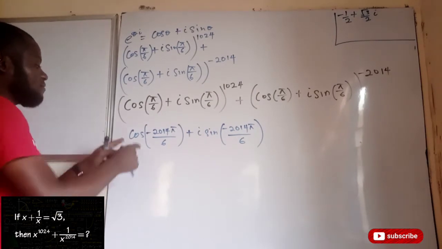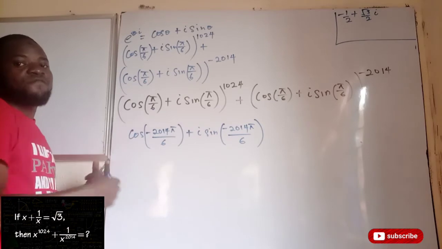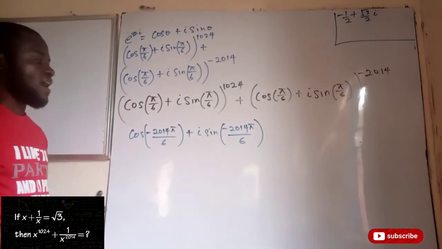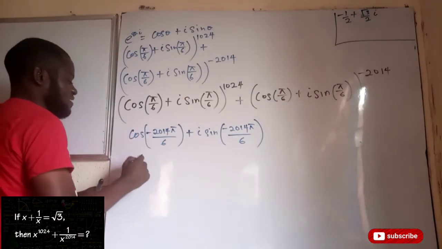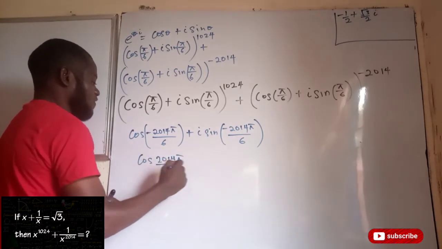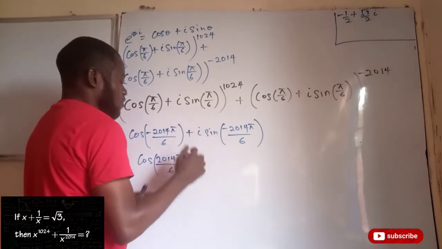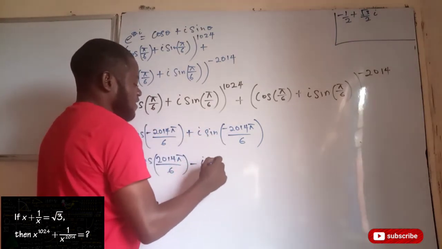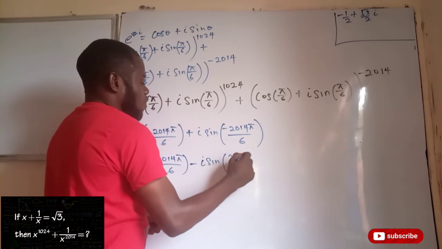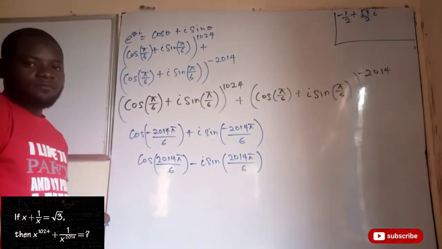Okay, now, cos is an even function. So cos of a negative value is going to be what? Positive value. Hence, I can just write this as cos of 2014 pi divided by 6 plus, this will become minus, so negative i sine of 2014 pi all over 6.